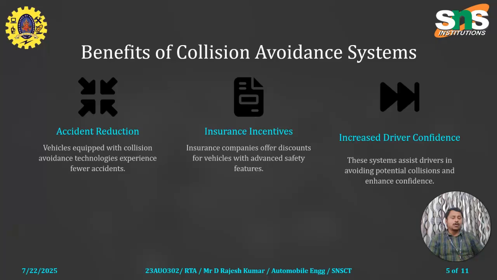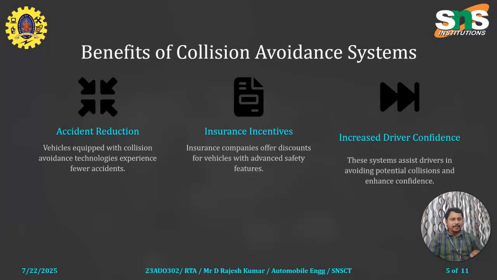Now the benefits of the collision avoidance system. We already know about the driver assistance system. All these systems are created in order to assist the driver, who is the person operating the vehicle. The driver has the input of these systems, and there is a combined effort of the driver and the system in order to avoid accidents.